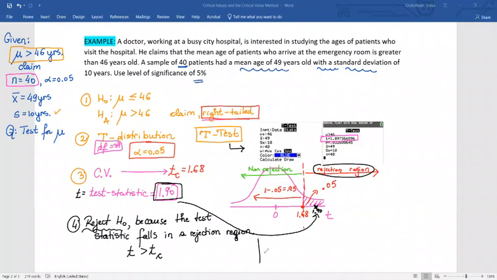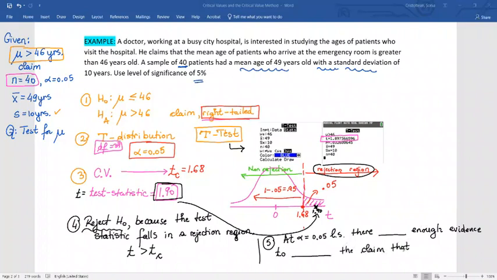Step 5, we will interpret, and I will say at alpha equals 0.05 level of significance, there is or is not enough evidence to support or reject the claim that the age of patients who arrive at the emergency room is greater than 46 years old. So now you can stop the video and try to plug this in, then check later.